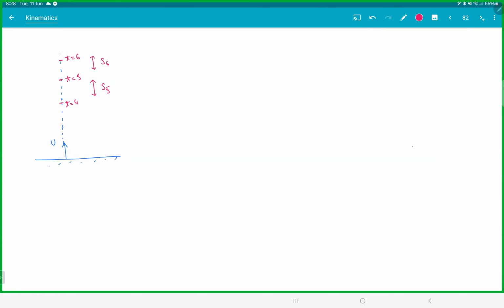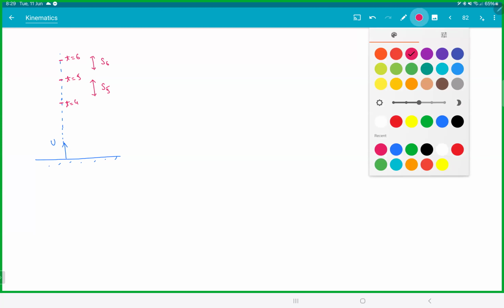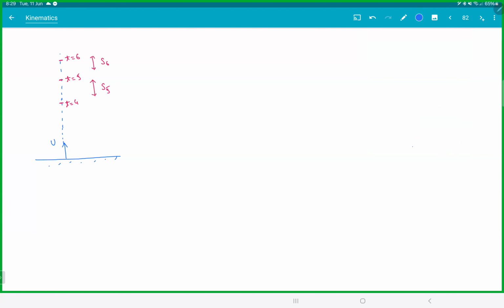Now you tell me, while going up, can they be equal? Who will be bigger, 5 or 6? S5 will be greater than S6, because as we go up, the speed decreases. So this situation cannot happen while going up.